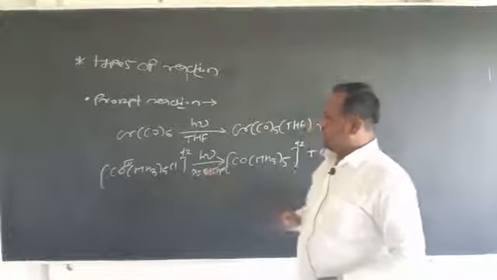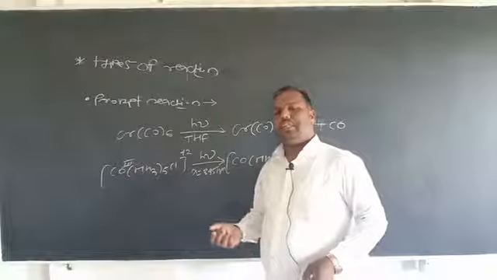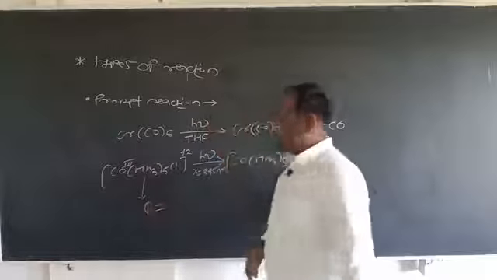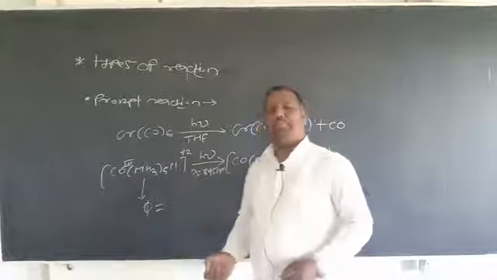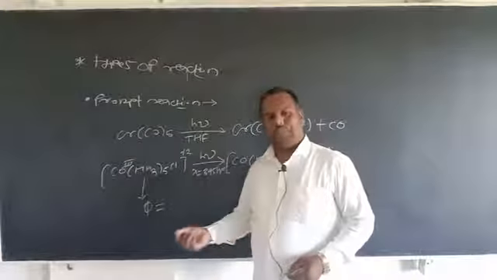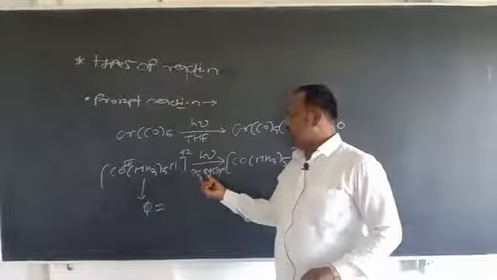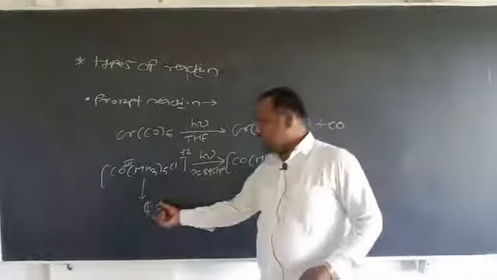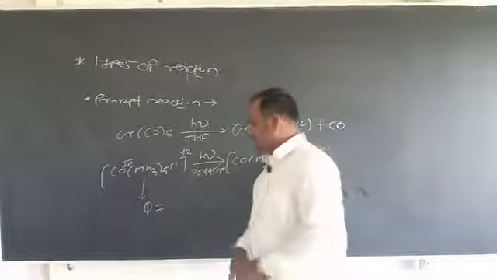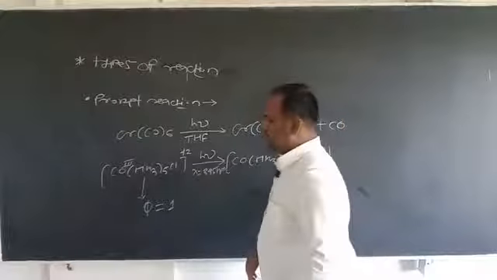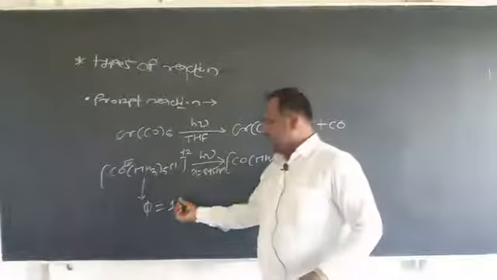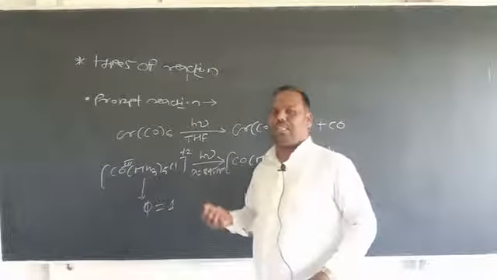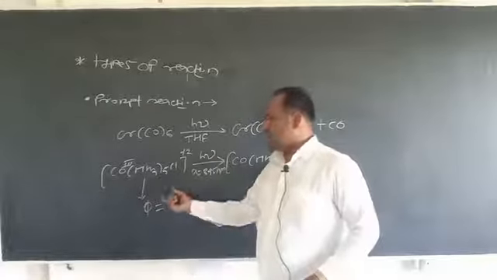For this second reaction, the quantum yield is equal to unity. We know that quantum yield is denoted by the symbol phi, and for a primary process the quantum yield is equal to unity. For this reaction, if you decrease the wavelength, the quantum yield is equal to unity, so it is considered a primary process, or this reaction follows the second law, that is Stark-Einstein's law: one molecule absorbs one quantum of radiation.